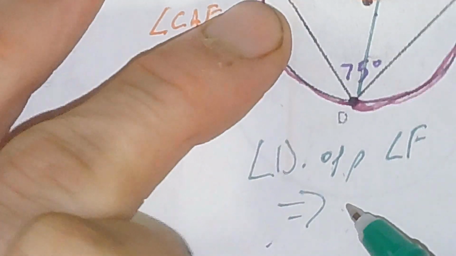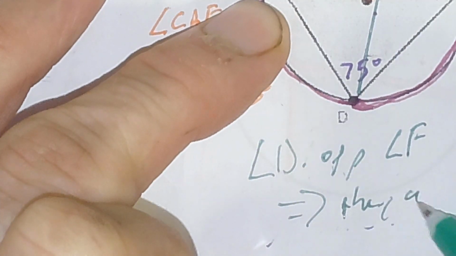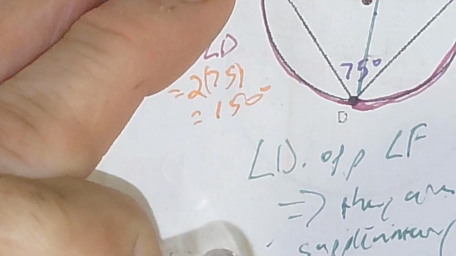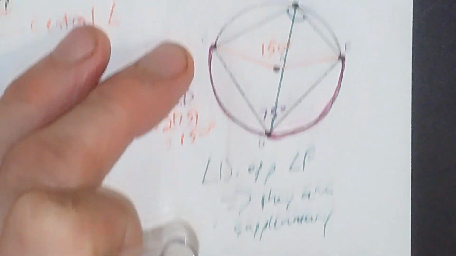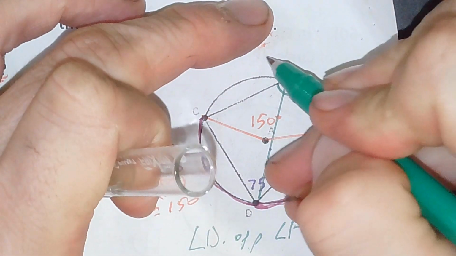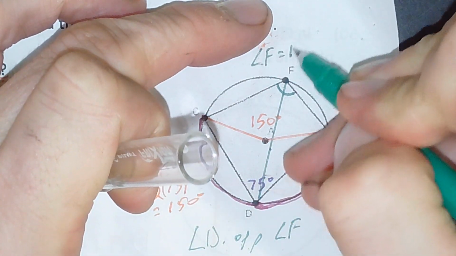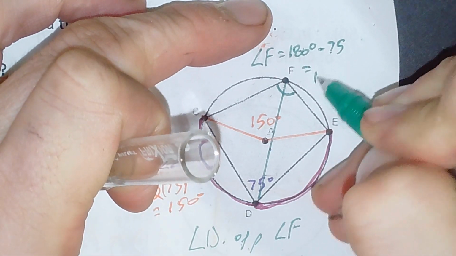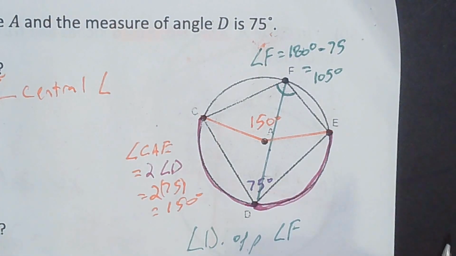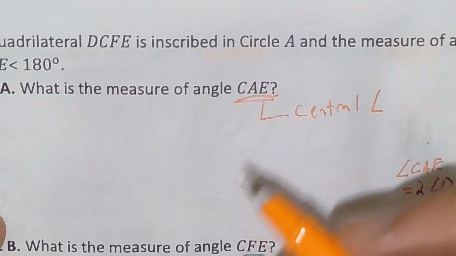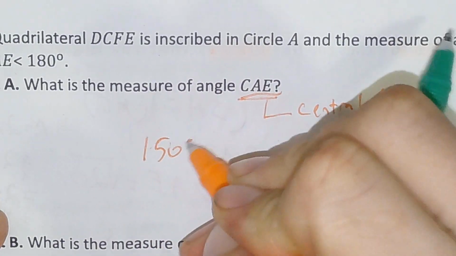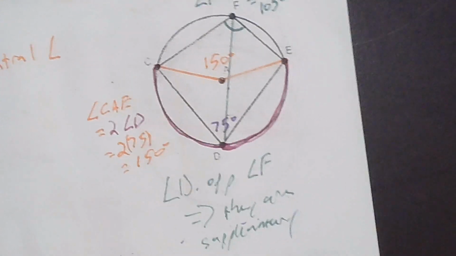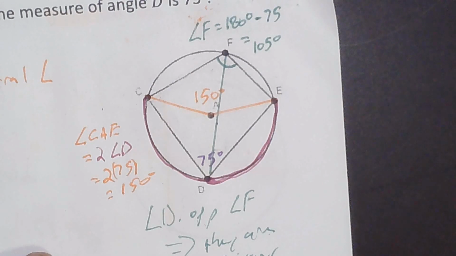Therefore, they are supplementary. So angle F equals 180 degrees minus 75, which equals 105 degrees. So this is 150 degrees, and this is 105.